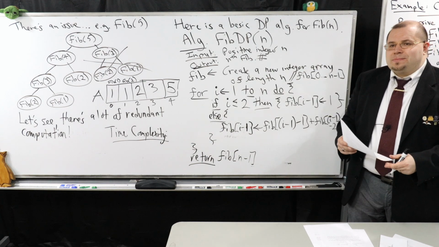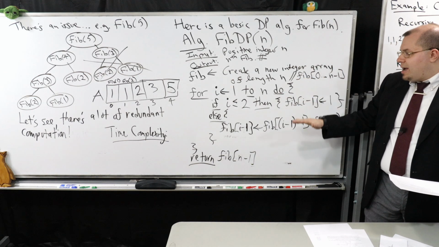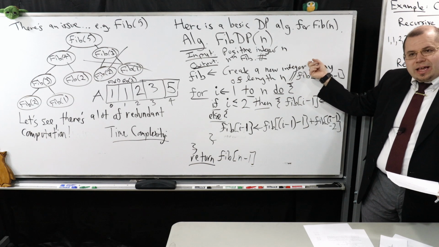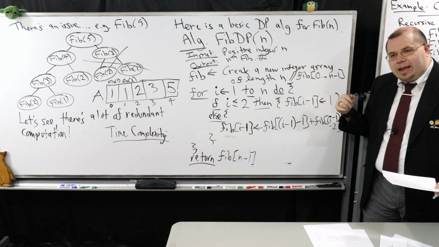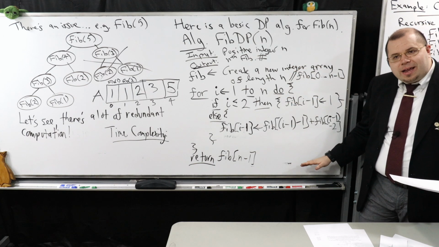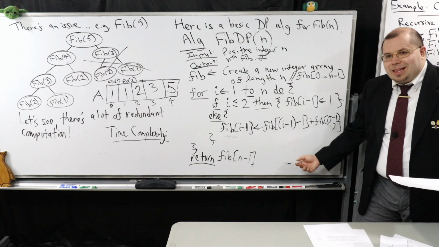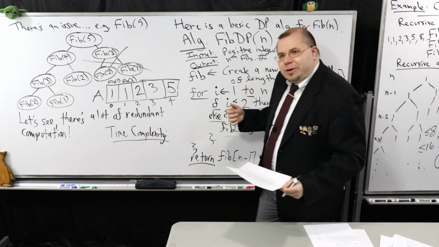What's happening here? Well, you go through this loop n times, right? We make an array of length n, so we know it takes linear time to construct this array. Then I go through each position in the array, and then I just return the last position. So if you're thinking linear, that's pretty intuitive, right?